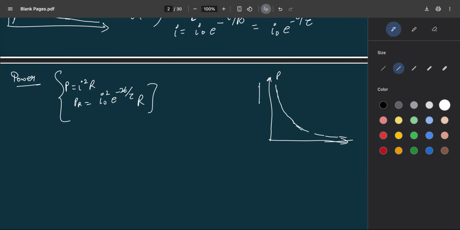This is the kind of graph you're going to get for power versus time.